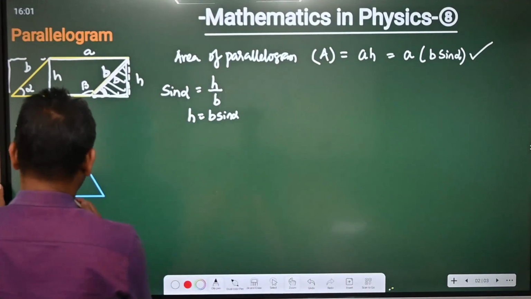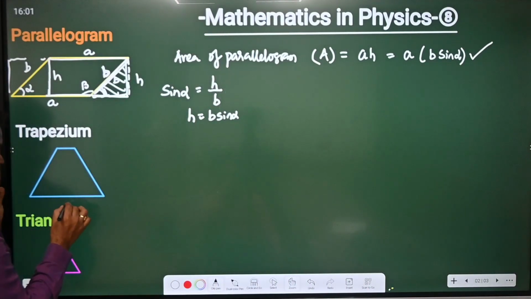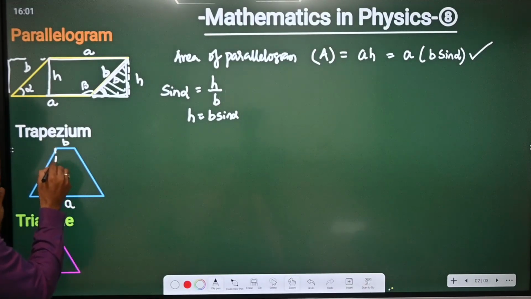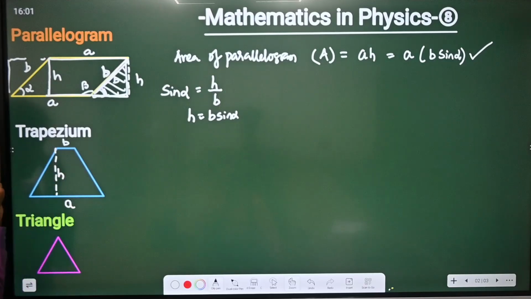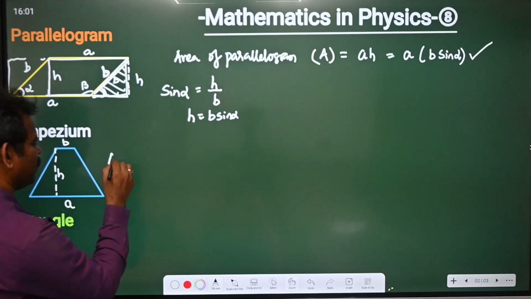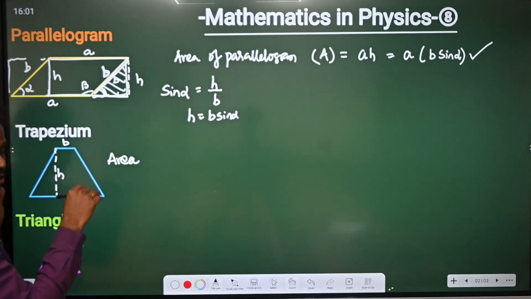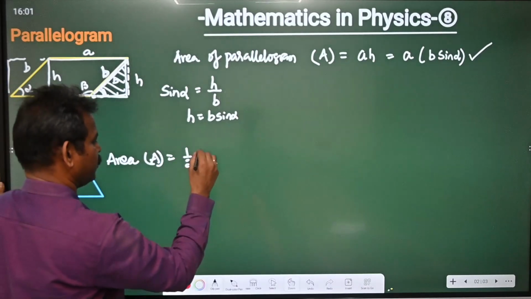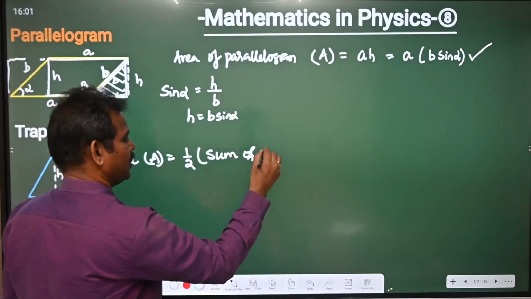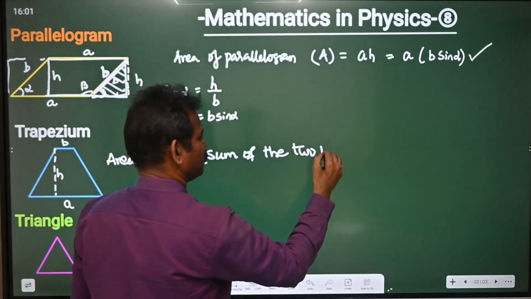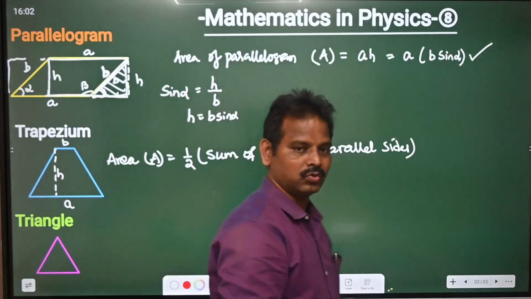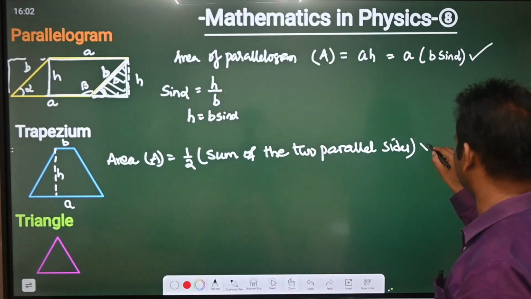Now, if you take the trapezium, one side is A, parallel side, another parallel side is B. Height of this one is H. So in this trapezium, to find out the area, the formula for trapezium or trapezoid is given by area is equal to half into sum of the two parallel sides into height between the two parallel sides.